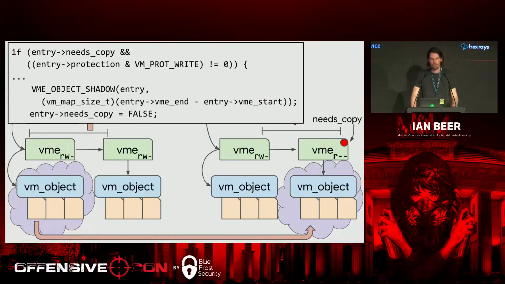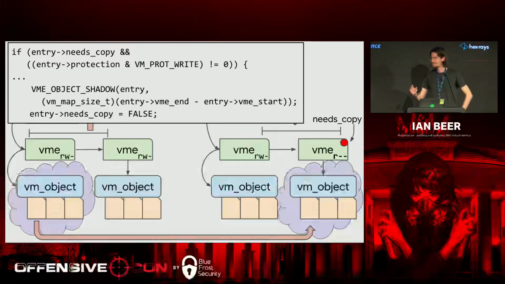And so what this means is that when we then come around while the copy is happening, we encounter this same check again, which says, if the entry is needs copy and it has the writable bit set, then we need to shadow. Otherwise, just continue on and perform the copy.